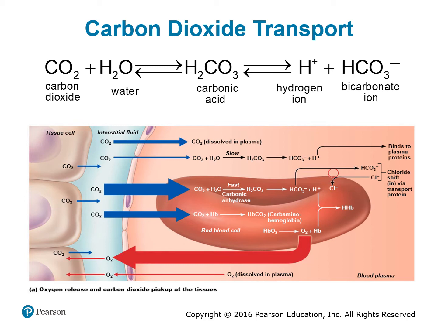And as we undergo changes in our respiratory rate and the depth of respiration, these changes can affect our blood pH. So slow, shallow breathing causes an increase in carbon dioxide in our blood, and that results in a drop in pH. So the pH of our blood becomes more acidic.